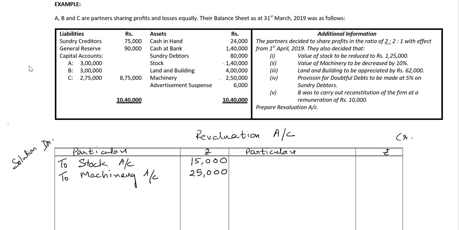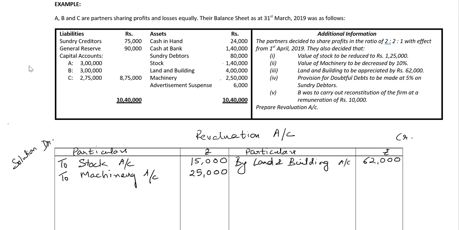Third point, land and building to be appreciated by rupees 62,000. Increase in assets, so by land and building account, the amount of increase is 62,000 rupees.